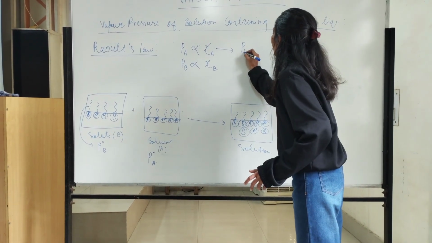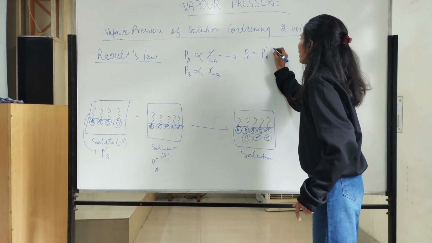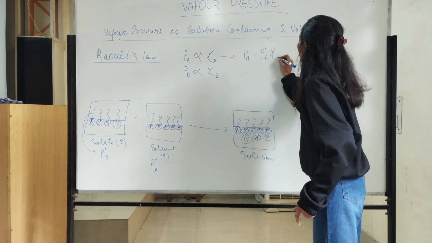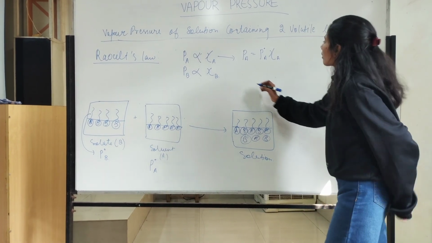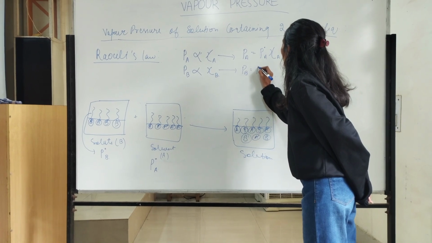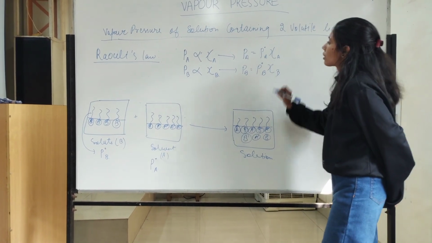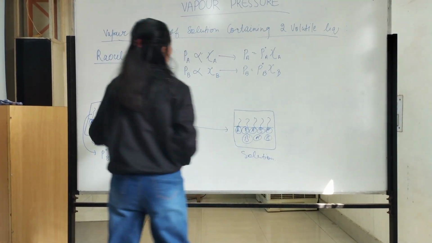So PA is equal to P naught A times mole fraction of A. For B, PB is equal to P naught B times mole fraction of B. So this is the Raoult's law.